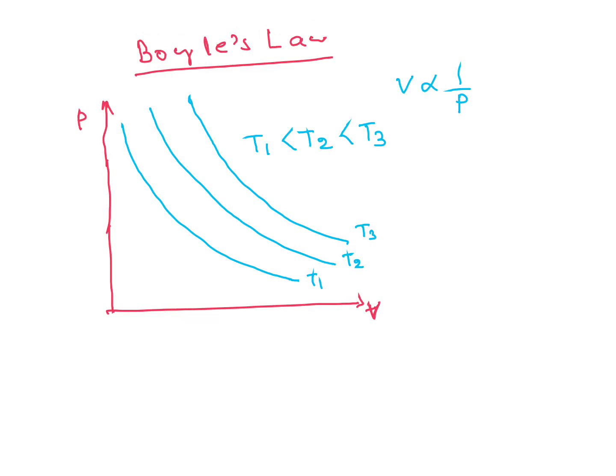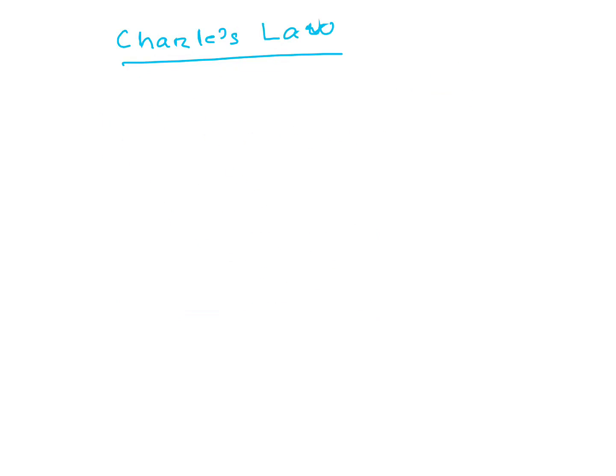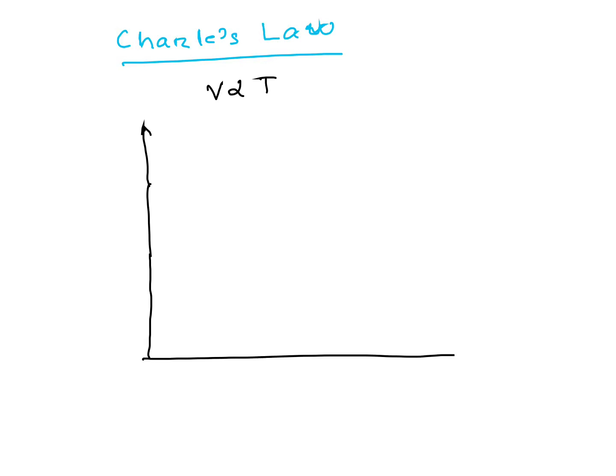Next, for Charles' law, V is proportional to temperature at constant pressure. Here we will draw temperature versus volume diagram. T versus V. It will come.